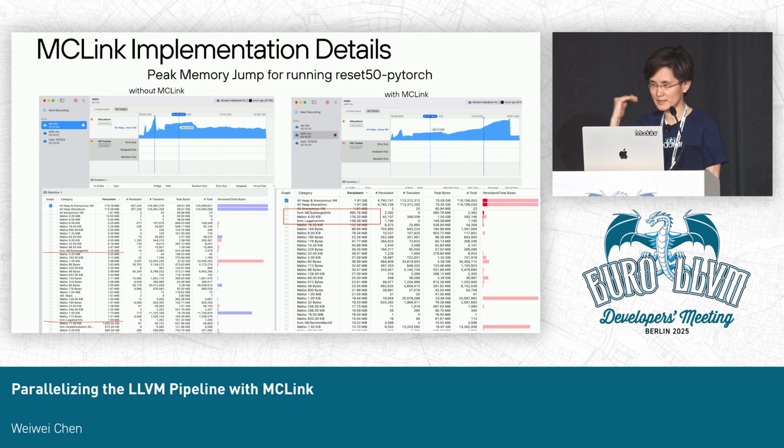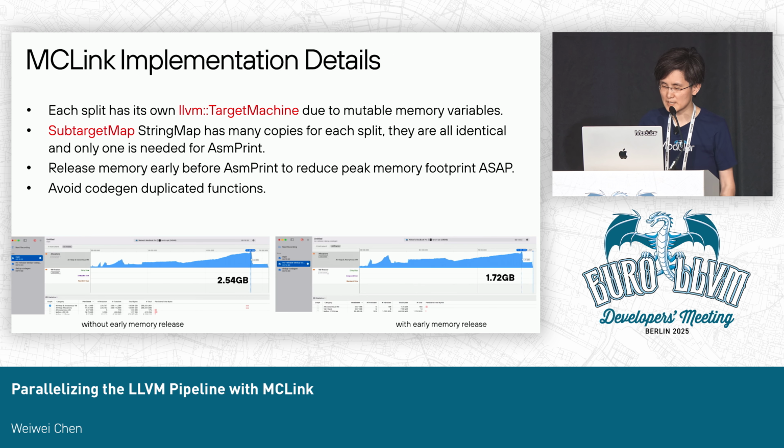One of the reasons why this keeps jumping is from the instrument result. What we figured out is that the LLVM target machine is a mutable data structure, which means each split has to keep its own copy, but they all share one data structure called the subtarget map, which has exactly the same information for every split, because we're compiling one initial LLVM module for one specific target.